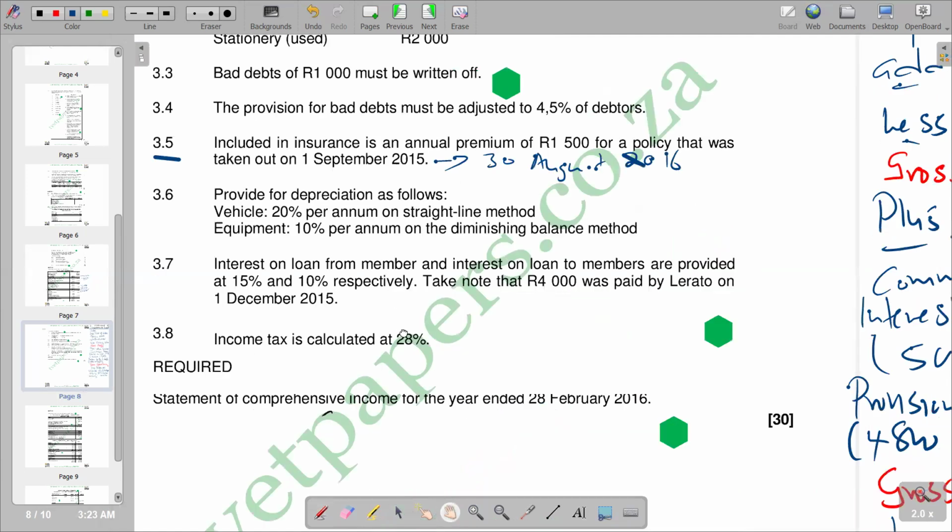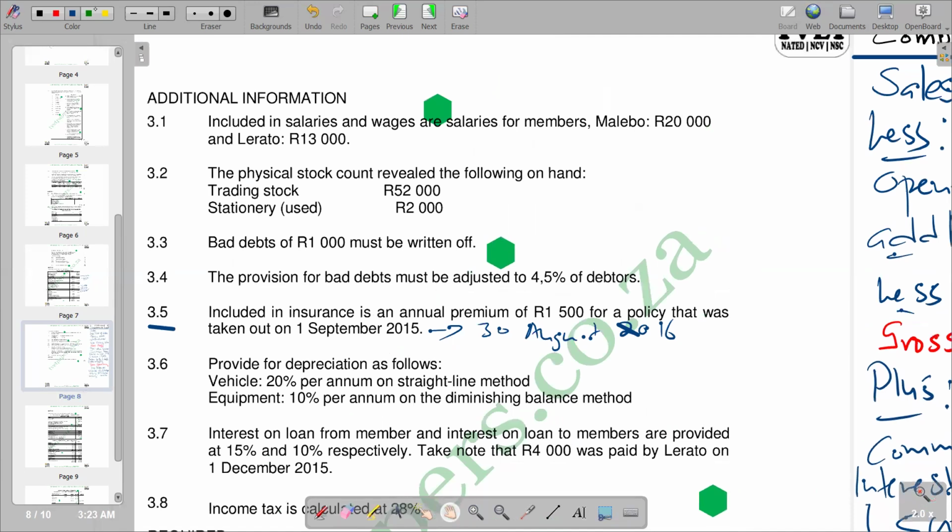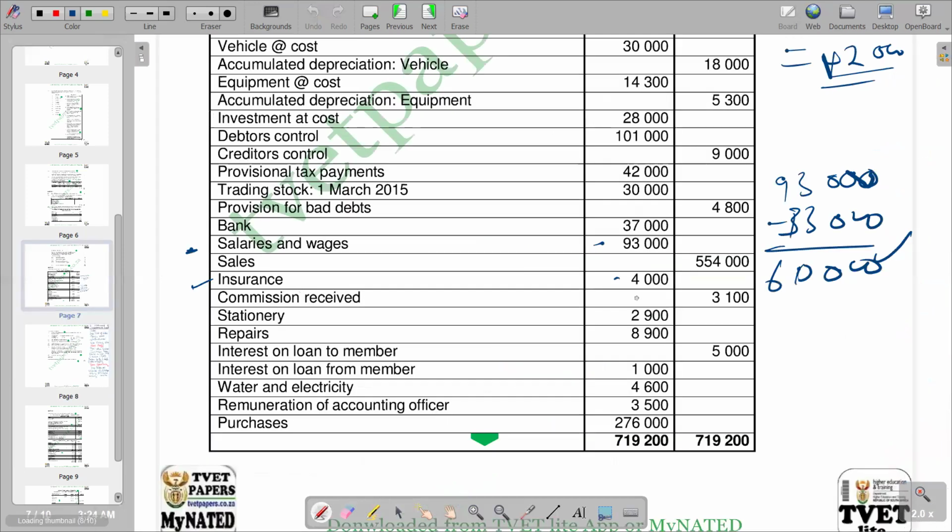So this policy means it's from 1 September 2015 to the end of August 2016, of which our year is ending at the end of February. So if you count from February, we have got March, April, May, June, July, August. These are not inside our financial period. We have to remove them. That is 6 months. So if you say 6 over 12 times the annual figure 1,500, you're going to get 750. So we are going to subtract 750 from the figure of insurance that we are given here, which is 4,000, to get the figure that is supposed to be in the statement of profit and loss.